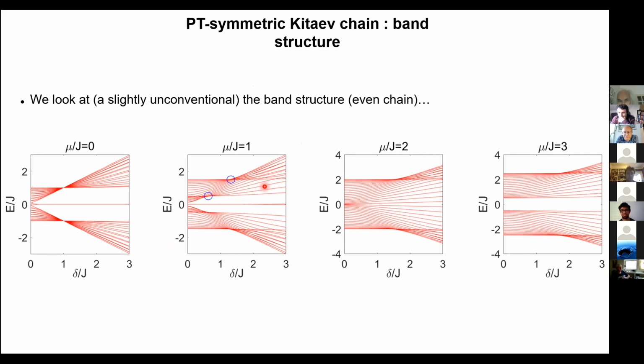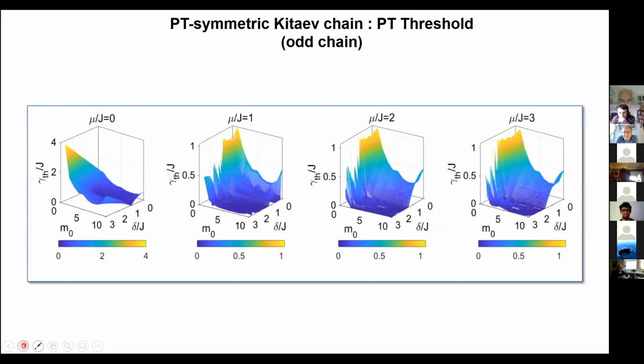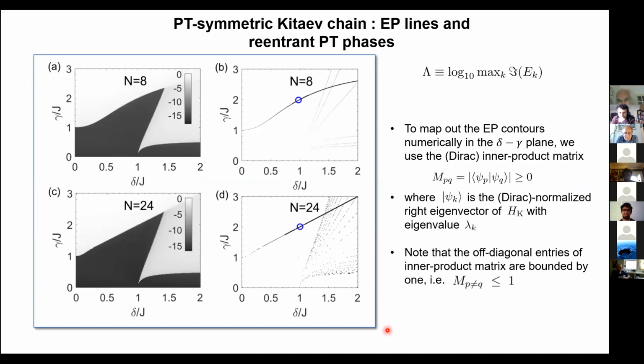Miroslav: I just had a small comment on these reentrant PT phases, because it's something which may be understood as an absence of sufficiently many parameters. If you have two parameters and you get such diagrams like in the picture, then a change of one parameter implies the reentrance of reality and broken symmetry.